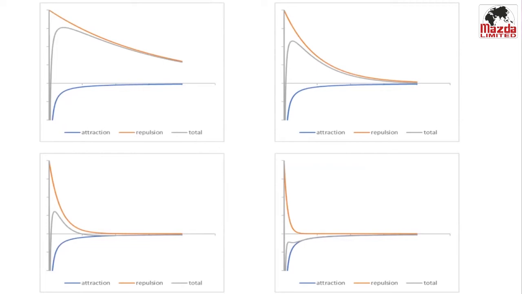But it's not sufficient to refer to just the zeta potential to indicate the aggregation behavior of the system. I've assumed in these graphs that the zeta potential is the same. Yet if you increase the salt concentration enough, you will induce aggregation.